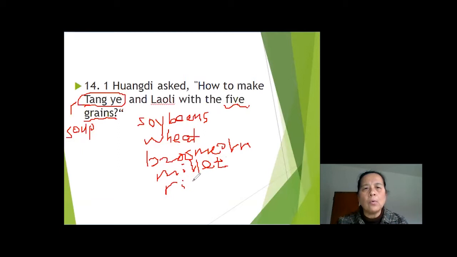So they cook the soup with these 5 different kinds of grain.